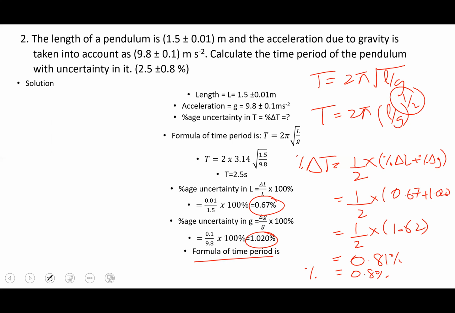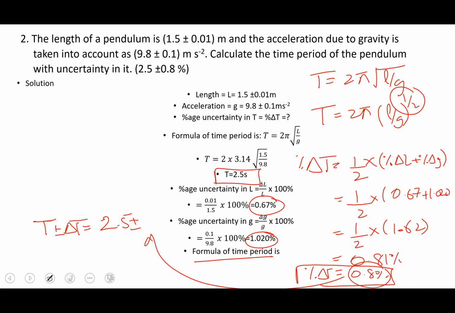Now, this is the percentage uncertainty of T, and this was the certainty of T. So our answer will be T plus minus delta T equal to 2.5, the certainty, plus minus how much was the percentage uncertainty. So over here we'll say it is 0.8%, and that is our required answer, and that is how we get the answer for this case.